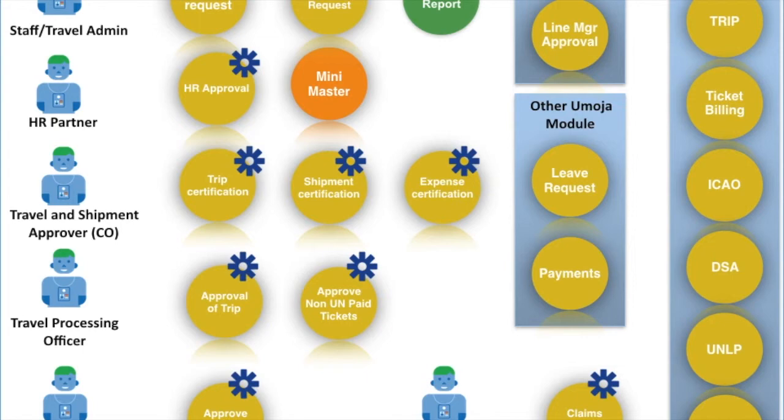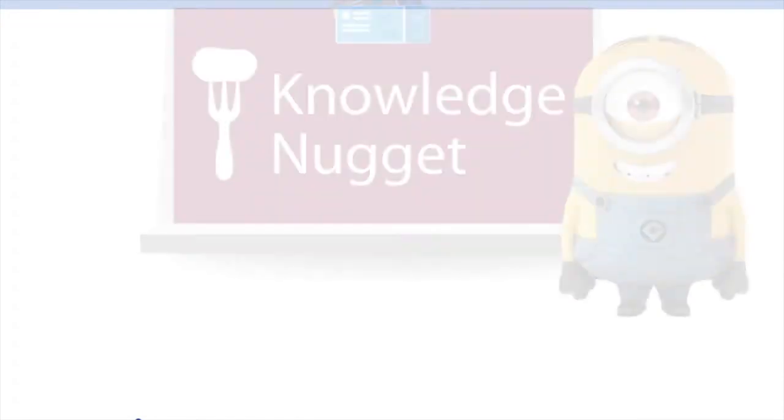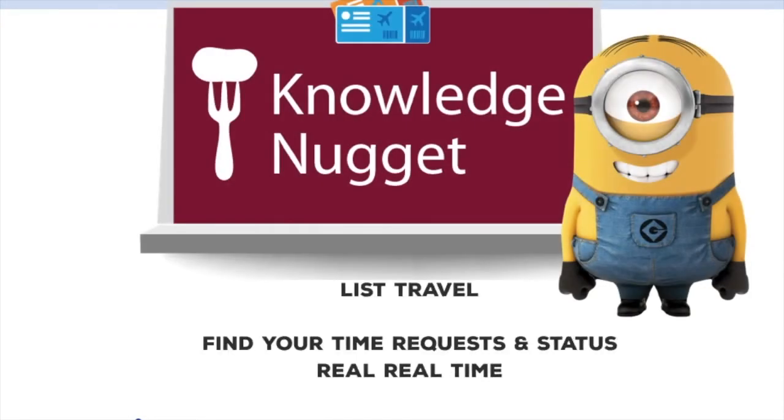And also a bunch of non-transactional components and a bunch of non-travel components are involved. And as we see in the rightmost corner, you have a set of interfaces which also deal with that. To give the visibility, we are introducing a knowledge nugget called list travel, where you can find your travel request status in real time.